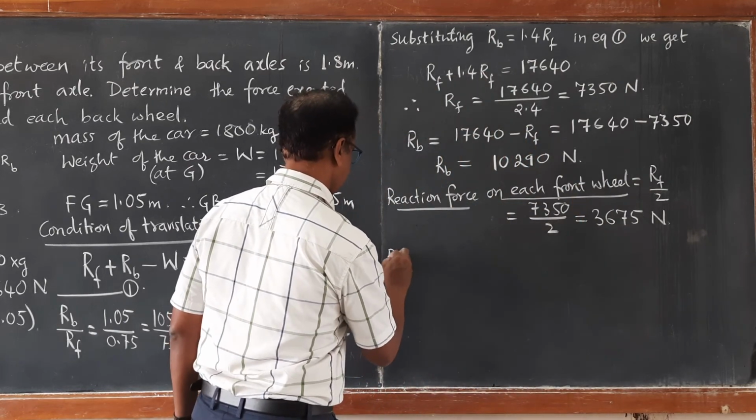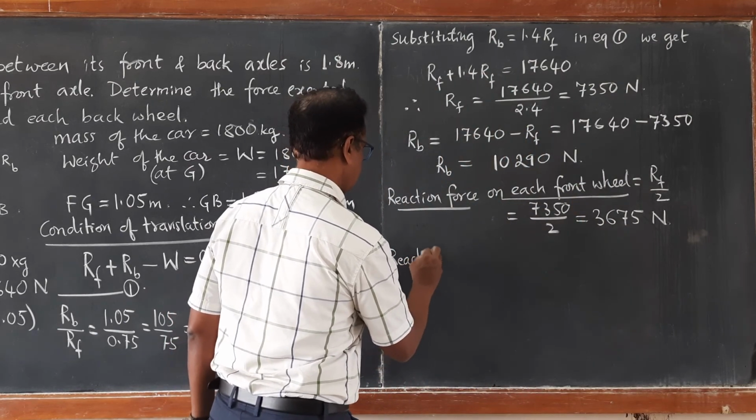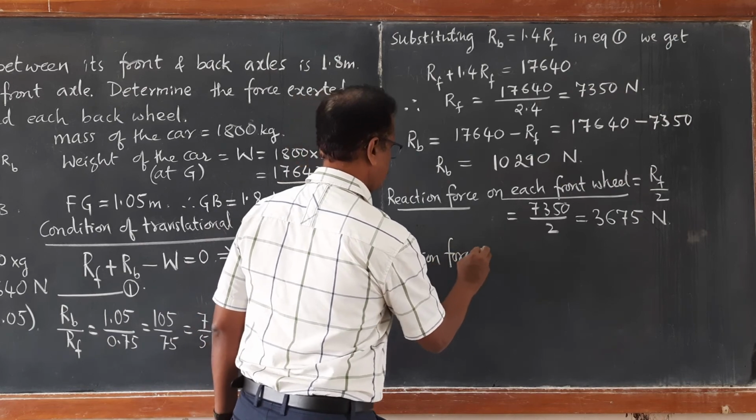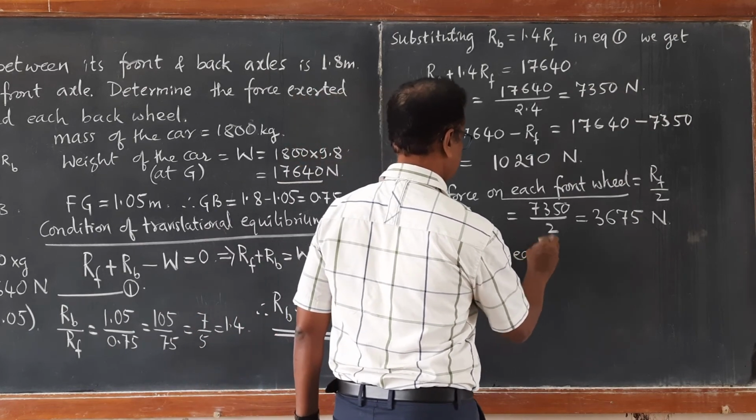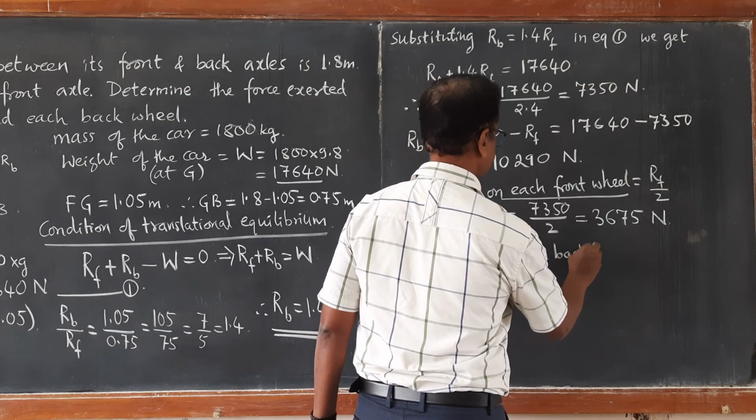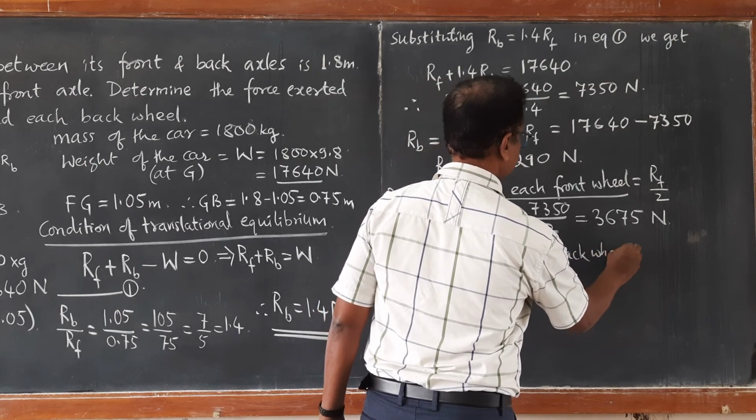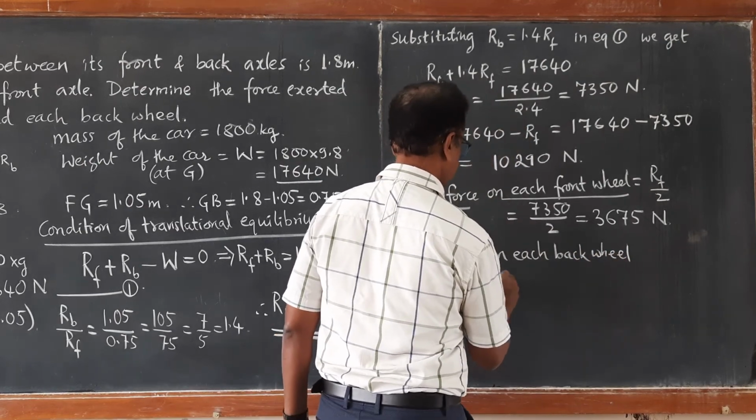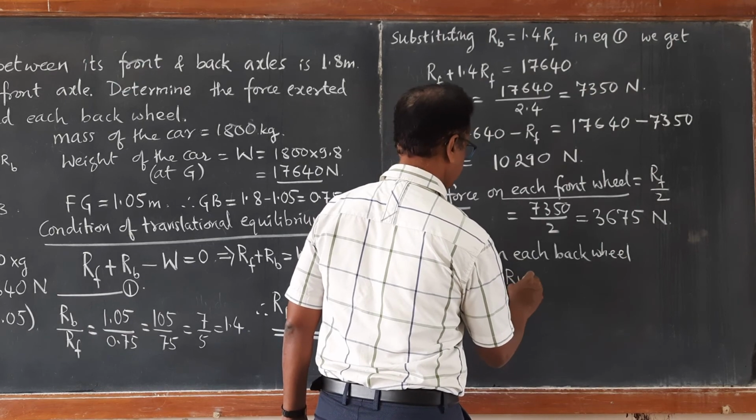Similarly, the reaction force on each back wheel becomes RB by 2.